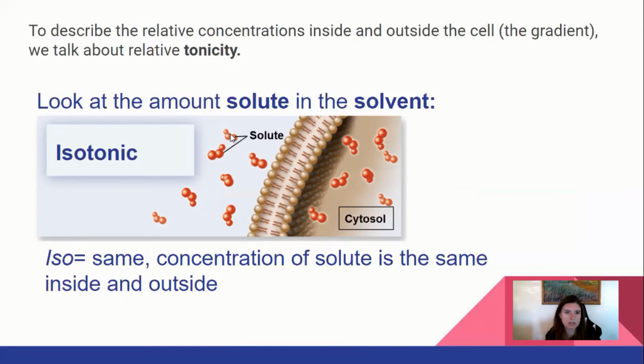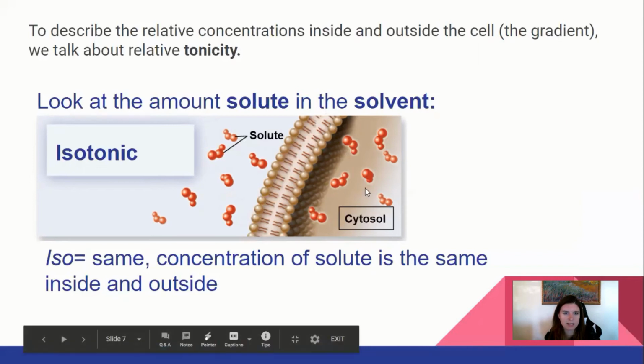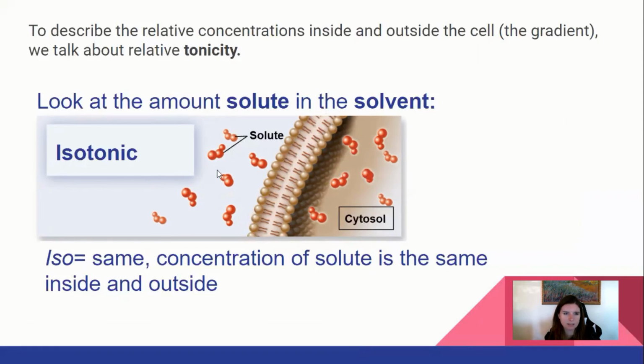In this case, it's our little red molecules here. Okay, so we call it the relative tonicity when we're talking about the concentration of something outside the cell relative to inside the cell. So here we have our cell membrane. Here's the inside of the cell. Here's the outside of the cell.